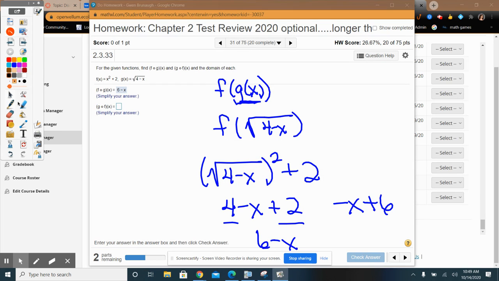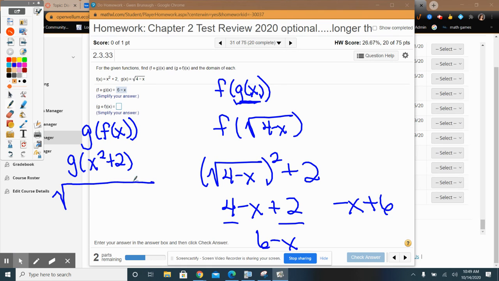Now, if you do g of f, this time you're plugging f into g. And you'll have to do that with parentheses because it's going to get pretty tricky here. When I take the x squared plus 2 into function g, I have 4 minus parentheses x squared plus 2. So what that does is it changes all those signs. 4 minus x squared minus 2, and it's all underneath the square root.